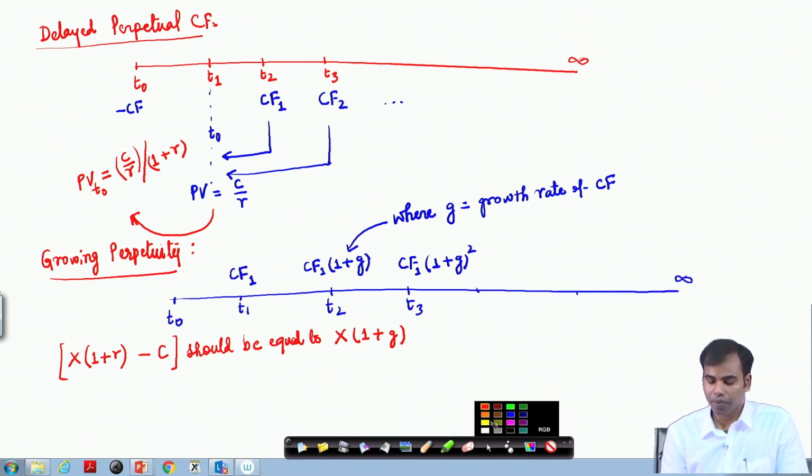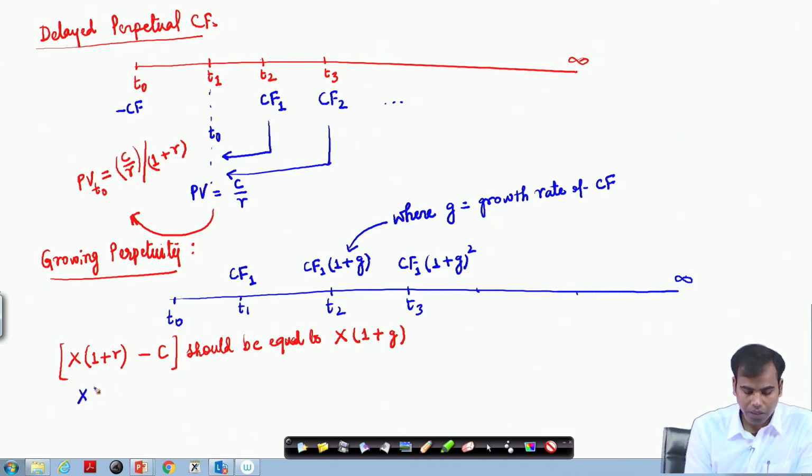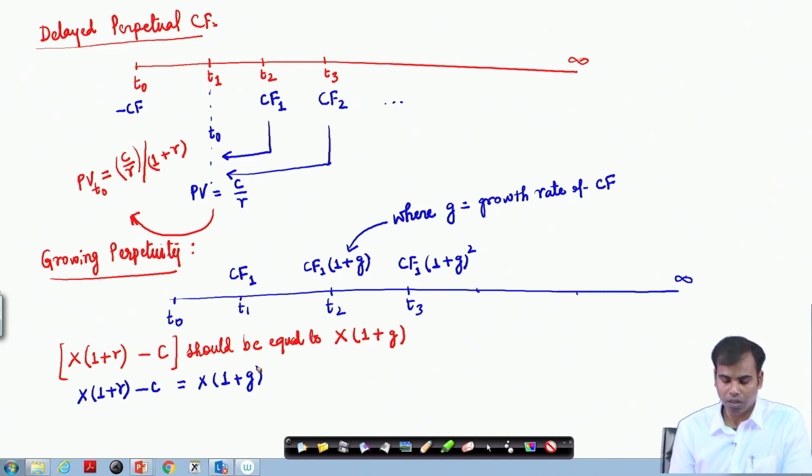So, essentially when we try to simplify this, it will be x into 1 plus r minus c, which is your cash flow, is equal to x into 1 plus g, which is basically the growth in cash flows.